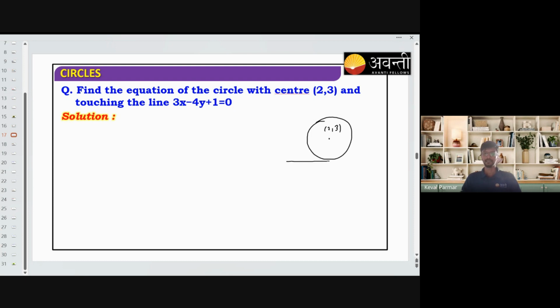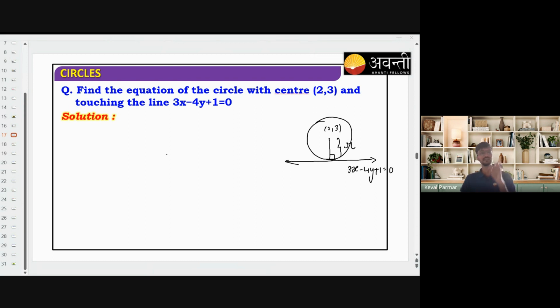And this is the line which the circle is touching, right? Actually, yeah, now it is touching. So what is the equation of line? 3x minus 4y plus 1 equals 0. So this will be the radius. I hope you remember yesterday's lecture. This D will be the radius, or you can mark it as R. R is the radius. So how do we find R, guys?